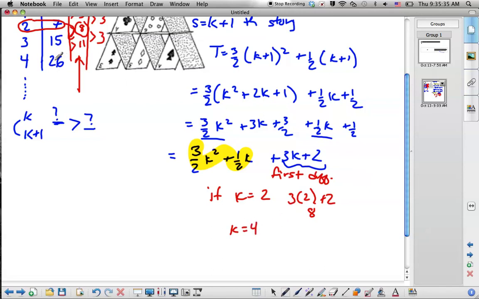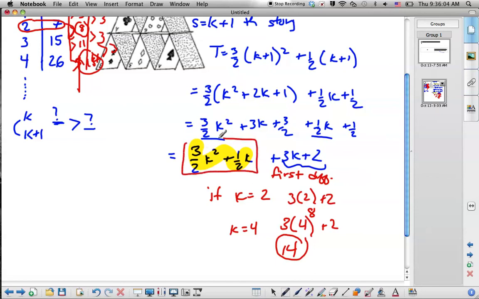Then I would have whatever the next one is, and by looking at this pattern, it should be 13. So if I plug 4 into here, I get 3 times 4 plus 2, which is 14. Sorry, it should be 14 because we're adding 3 each time. My mistake there. So I get 14.